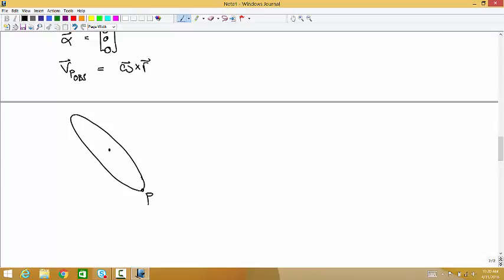So here's p. Here's our r vector. Right. So r is equal to 0.6, and then you have to find this angle, and I guess that's cosine of negative 45, sine of negative 45, 0.